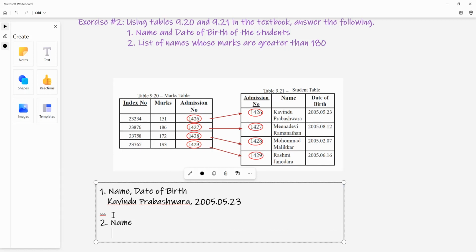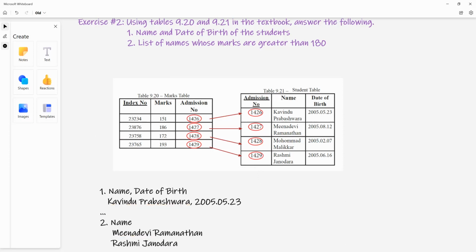First one, 1427, that is Meena Devi Ramanathan. And the last one, Rashmi Janodara. Okay, so here are the answers.